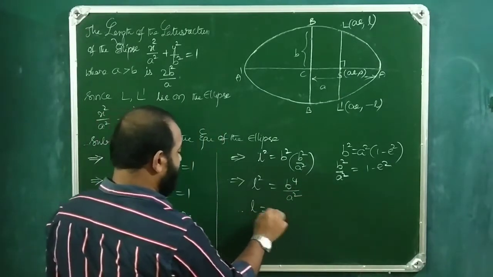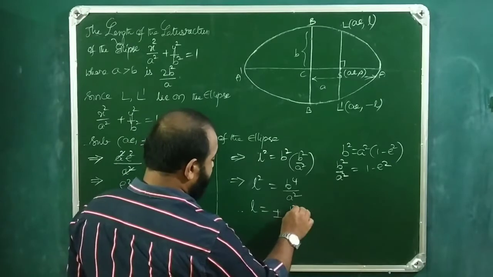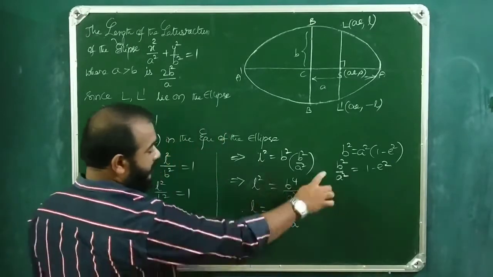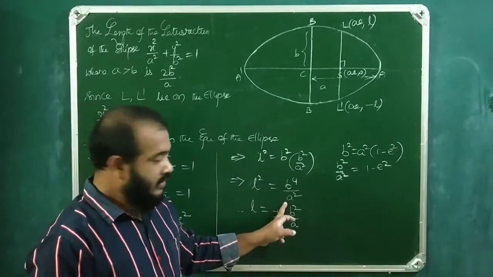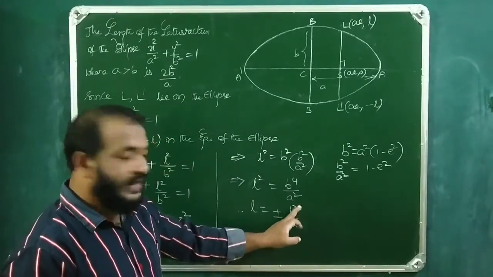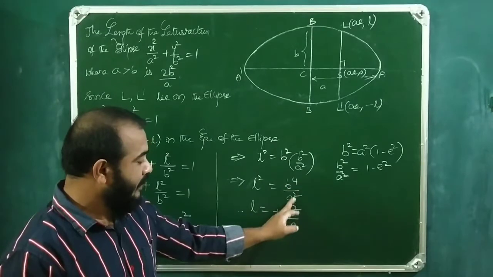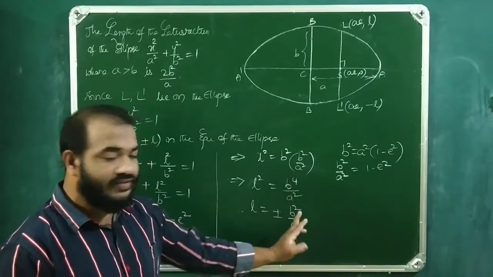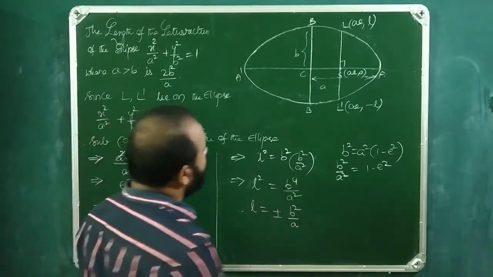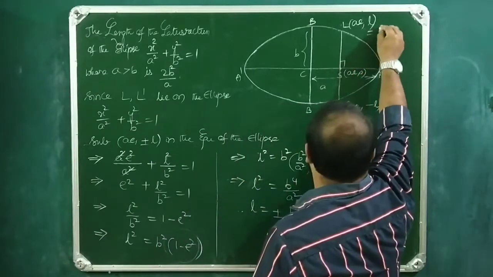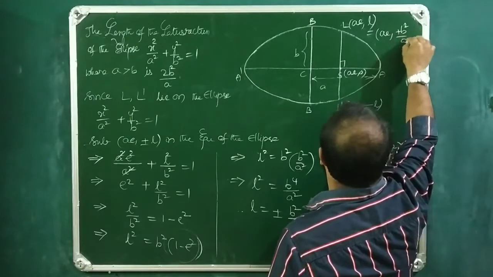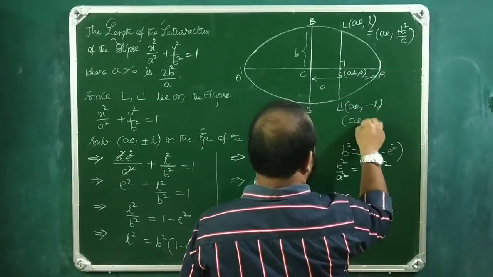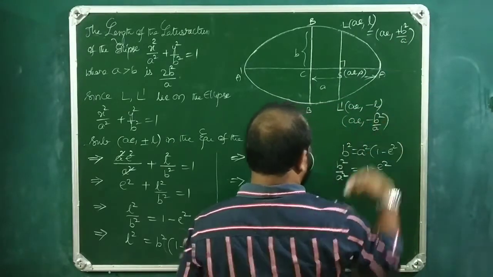Therefore l equals plus or minus b square by a. Applying the square root to the other side, this is b square by a whole square, and the square root gets cancelled. Therefore, the points are a e comma b square by a and a e comma minus b square by a.